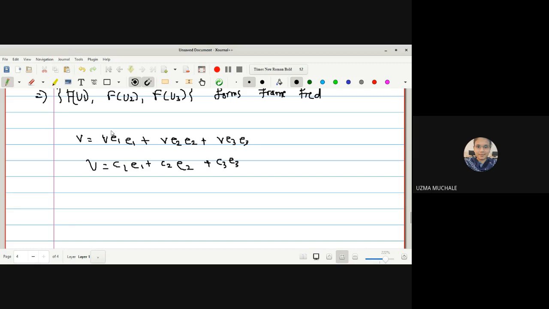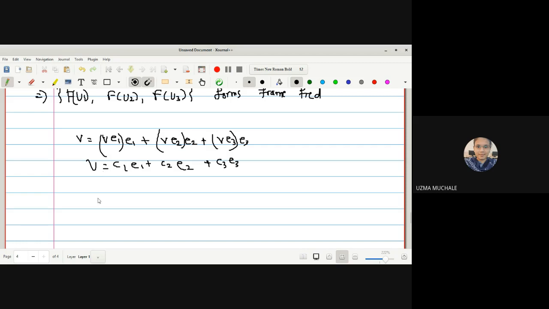Then we proved C1 is V dot E1, C2 is V dot E2 and C3 is V dot E3. If you don't remember, you can go back to after the definition of a frame field. We proved this result that any vector can be written as a linear combination of E1, E2 and E3, which were the frame field. Now here, instead of them, we have Fu1, Fu2 and Fu3.